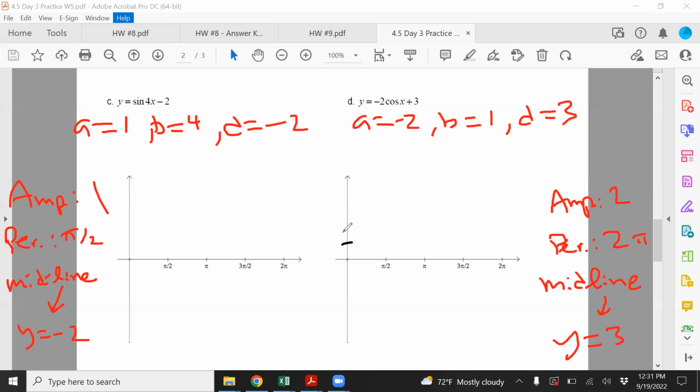So would you mark down -6? Wait, no, just -3. You'll see. I'm just going to do a few tick marks. Yeah, you'll see why.